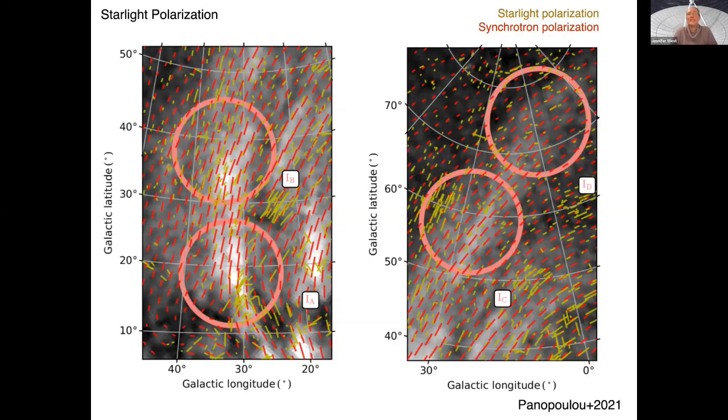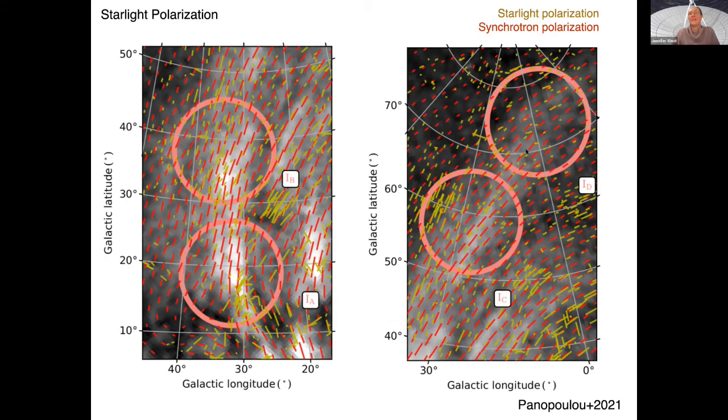And so this is another study that was done, showing the light coming from that object, the North Polar Spur. This is the top part, and this is the bottom part. The red lines are the polarization that comes from that synchrotron radio light, and the yellow lines are coming from starlight.